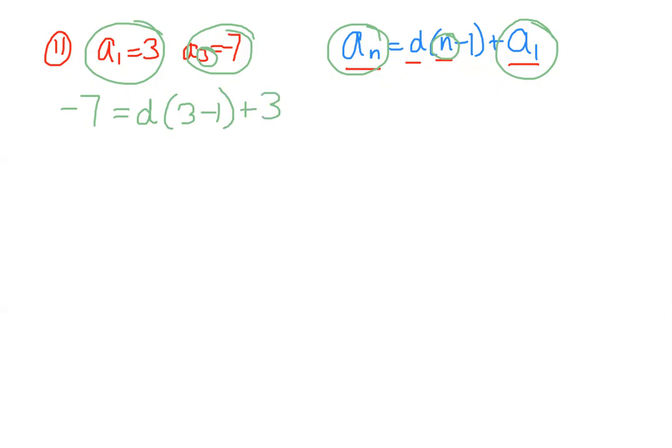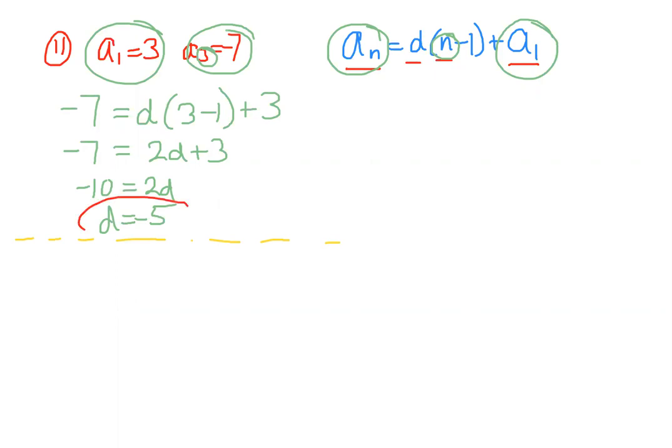I don't know what d is, so I'm going to use a3 as an and then substitute the 3 in for n to find what d is. And I'm going to simplify this equation. 3 minus 1 is 2, so this is 2d plus 3. So I get d equals -5. So to solve this, I need to do 2 steps. I first had to find d. Now I know d, and I know a1, and so I can find an.